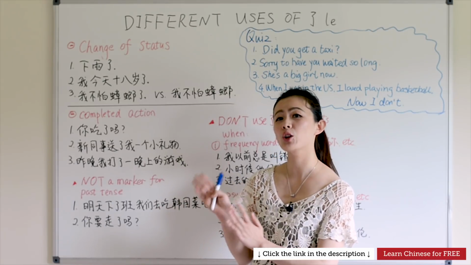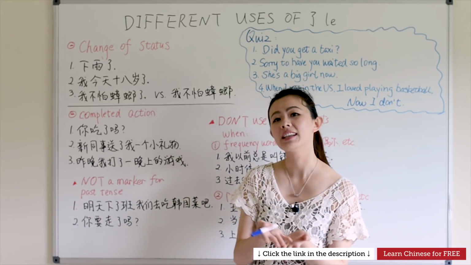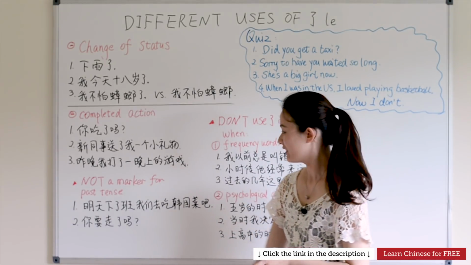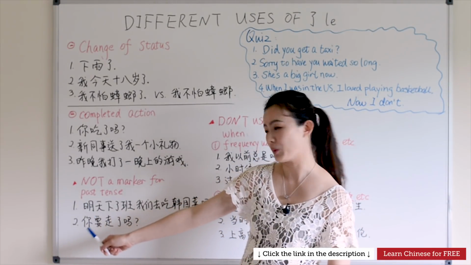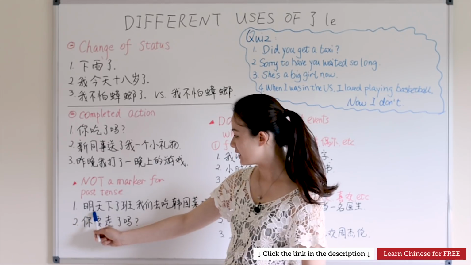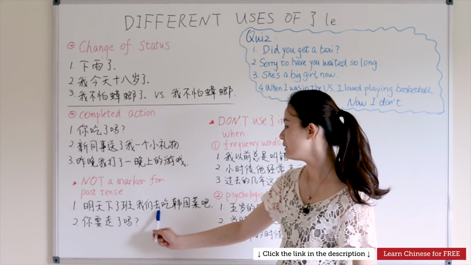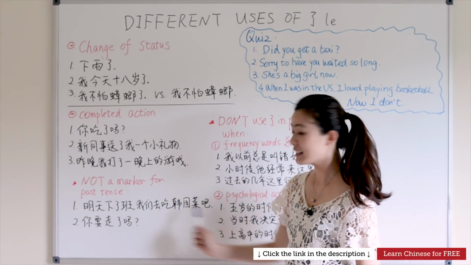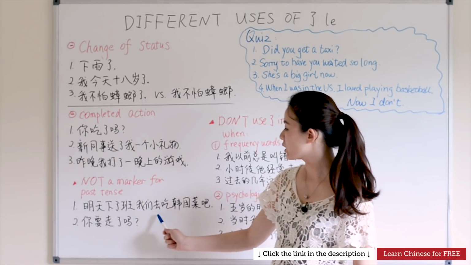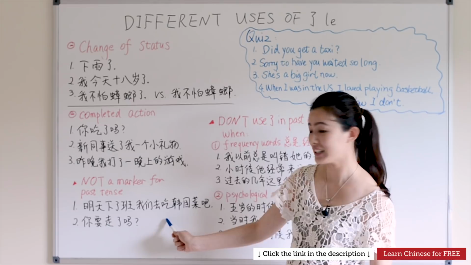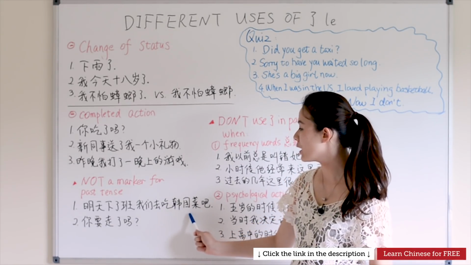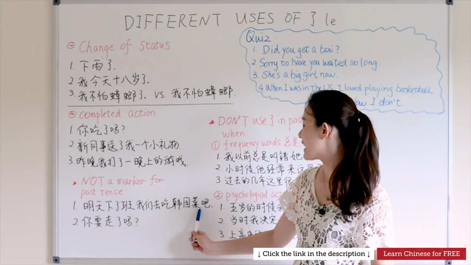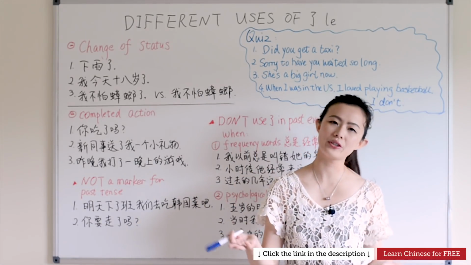But that is not true. In most cases, that is true, but there are some exceptions. Look at these two examples, please. 明天下了班，我们去吃韩国菜吧。Okay, the second half means we go eat, 吃 eat. 韩国菜，韩国 is a country, South Korea, and 菜 is dish or vegetables.